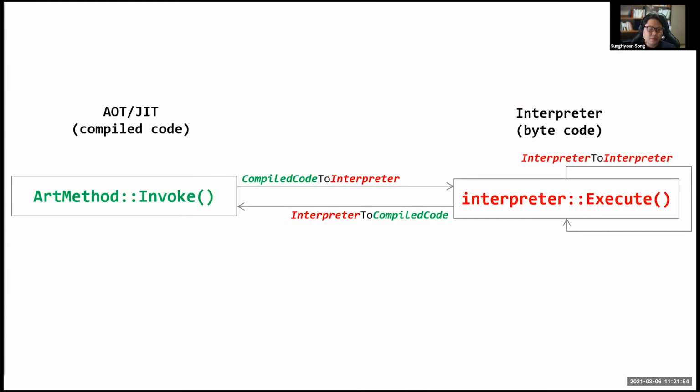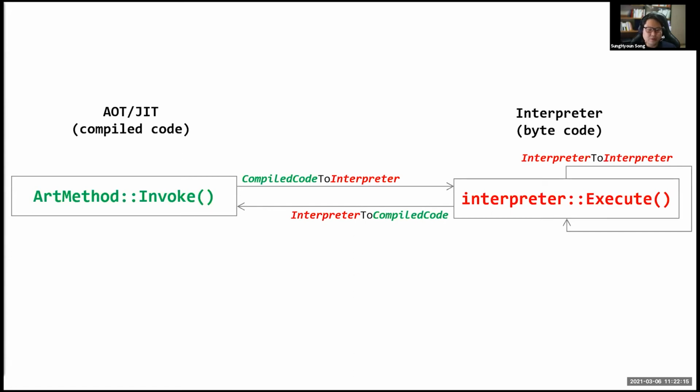The first code execution starts from the ART method. This is because the ART method object holds both bytecode and compiled code. If the function exists as compiled code, ART directly invokes the code and executes it.